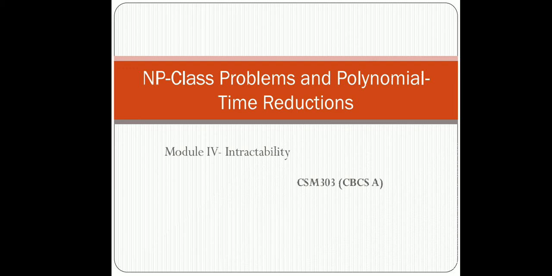And we have already seen that we can reduce one problem to another using the mapping of the instances, but here we will consider this topic, that is polynomial time reductions. That means we will try to reduce a problem which was supposed to get completed in exponential amount of time.